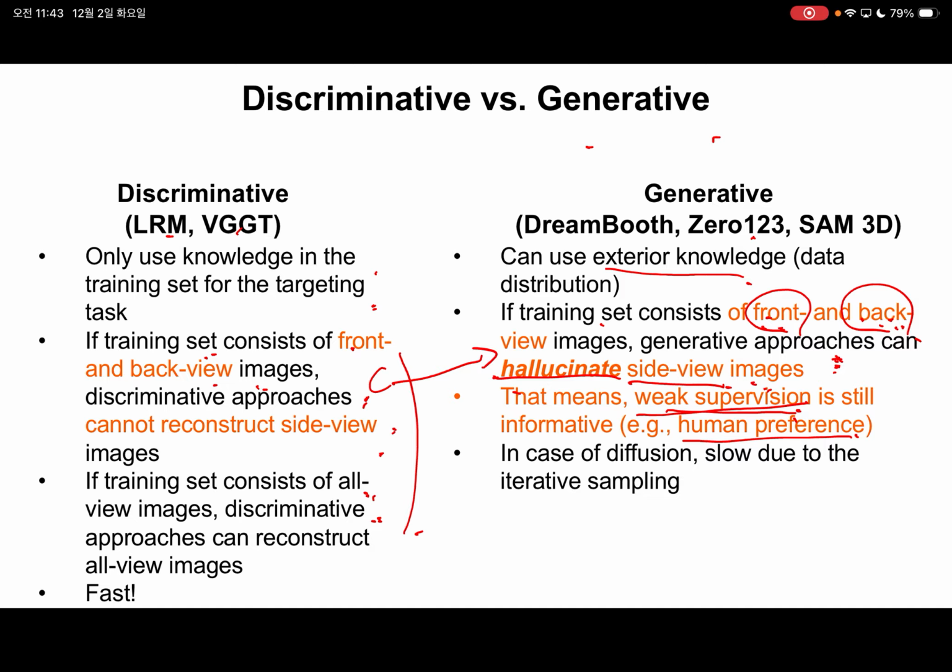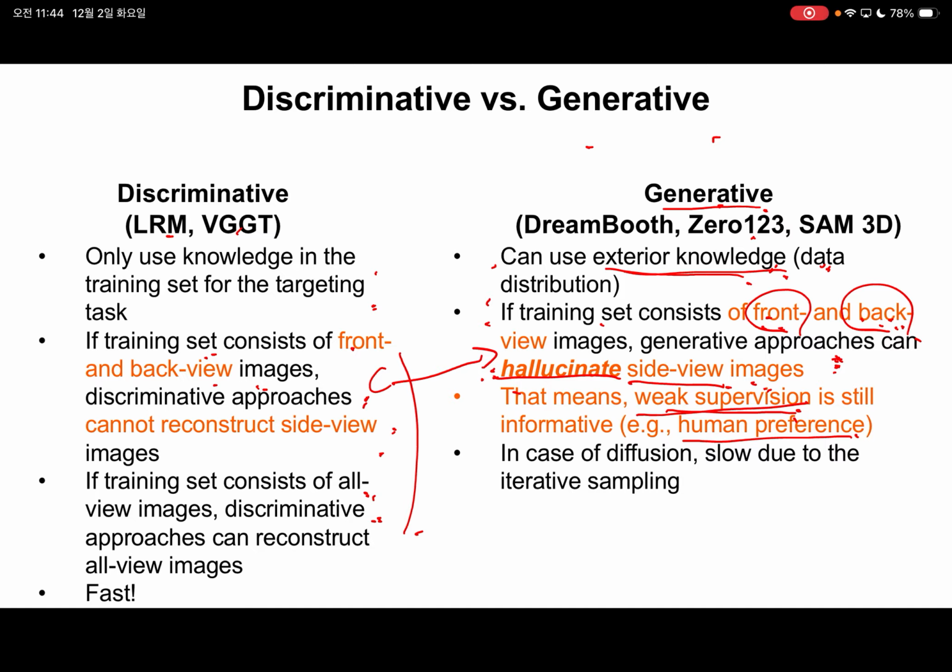It seems like generative is always better, but it's not true. For this kind of exterior knowledge, the data distribution should be very strong. Before diffusion models, this kind of data distribution was not very strong. VAE, GAN, normalizing flow were not very strong. So this kind of approach was already possible even at the time, but the exterior knowledge, the data distribution, was not very strong at that time.